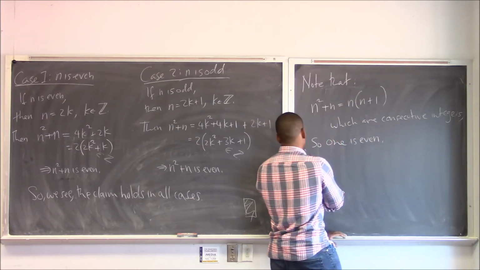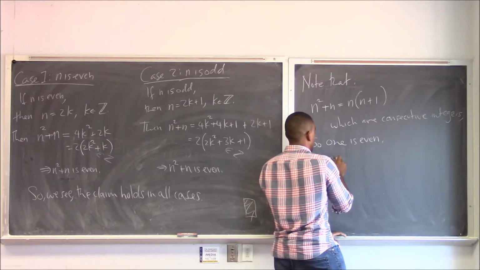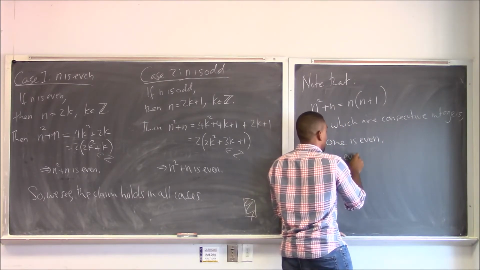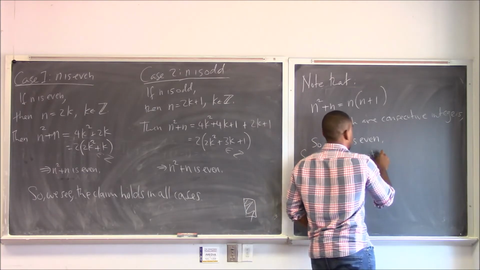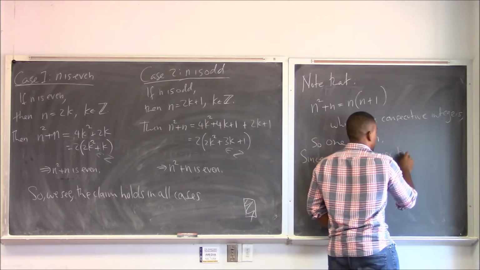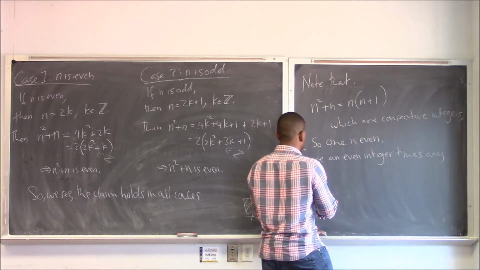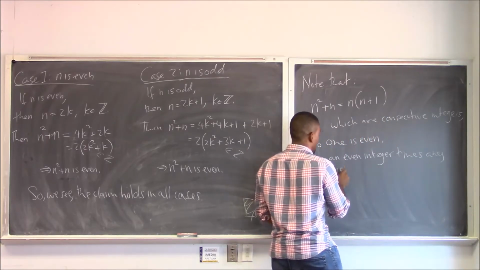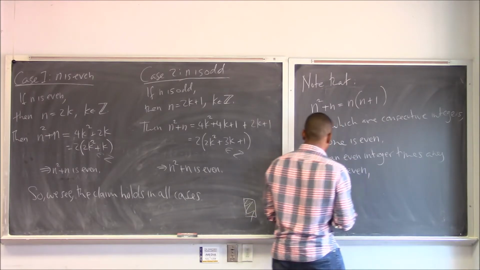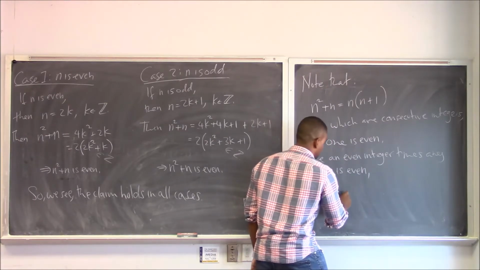And then you can say since an even integer times any integer is even, n squared plus n is even.